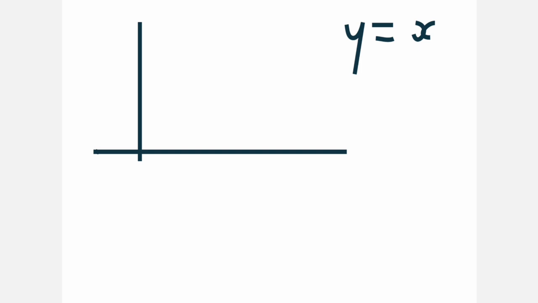So, if y equals x, we are going to have a straight diagonal line on 45 degrees. So something like this. Like that. Remember?